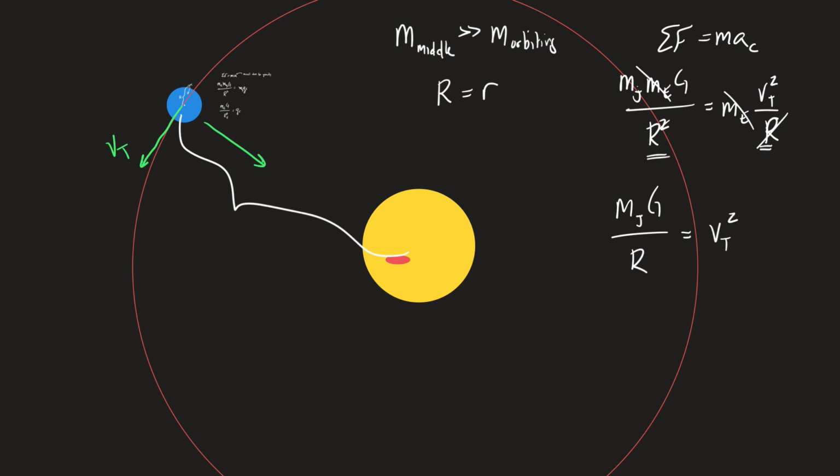Now, the last step to this is not particularly hard either, but I asked you to find how long it takes for Europa to go around Jupiter. Well, this is not necessarily physics, this is just distance over time. We just found the velocity. We know the radius of curvature. You just have to solve this for t.